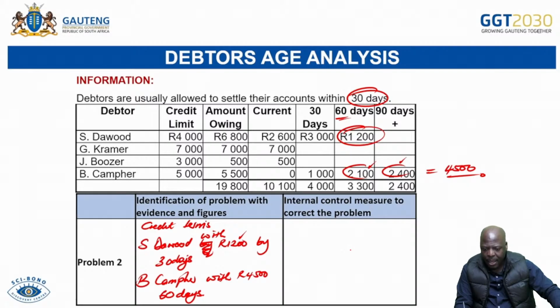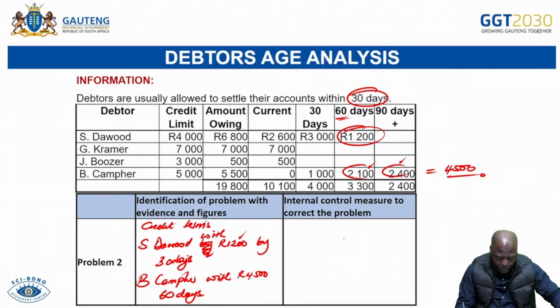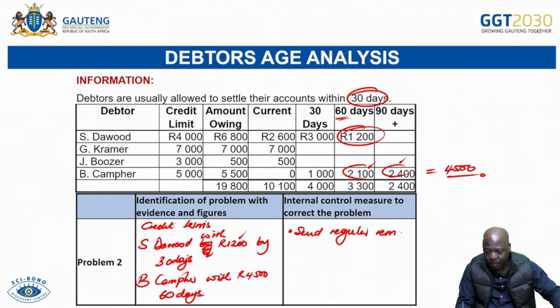All right, and then what do we do? Internal control measures. First, we can send regular reminders.